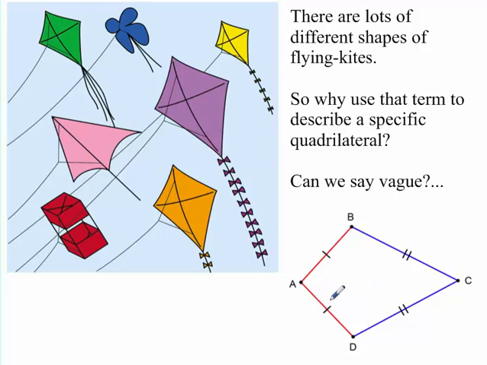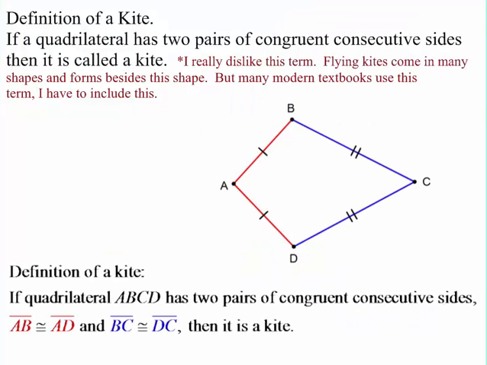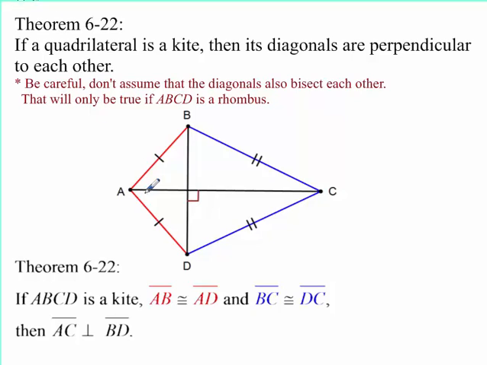So given this property where these two sides are congruent and those two sides are congruent, what's interesting is that if you connect the diagonals, they intersect at a right angle.